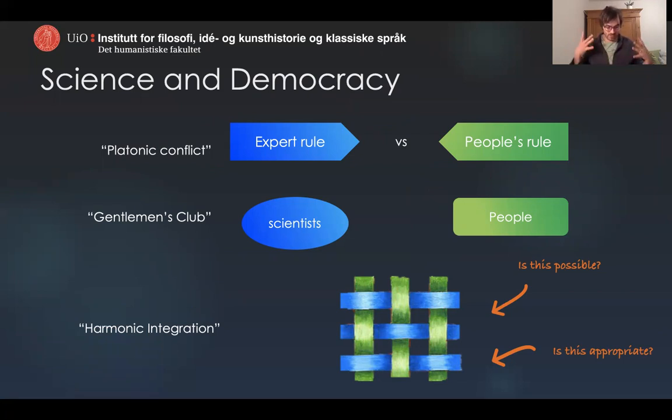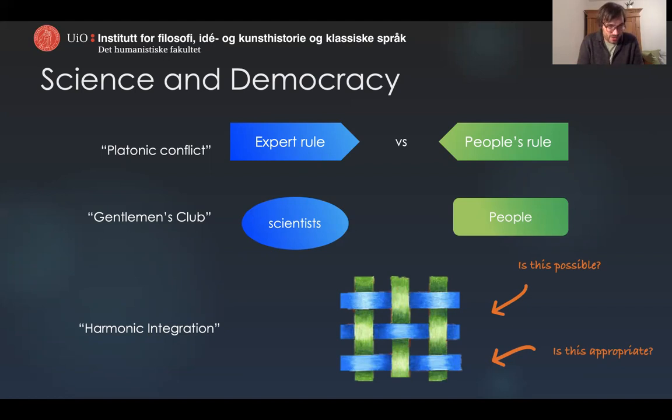That there is a deep conflict between, on one hand, the idea that the experts rule, the scientists who know about things, like Hobbes' Leviathan, who devises what's best for the people and then makes a decision on that basis, versus the rule of the people, democracy, where everyone has a say, but arguably the people don't know very much about many things, so there's a conflict. So that's one picture for thinking about science and democracy, what I call here the Platonic conflict between expert rule versus people's rule.